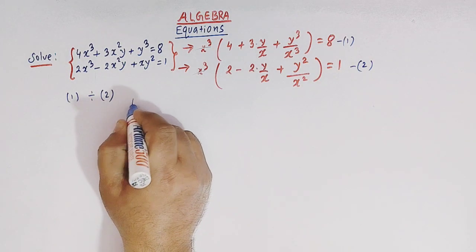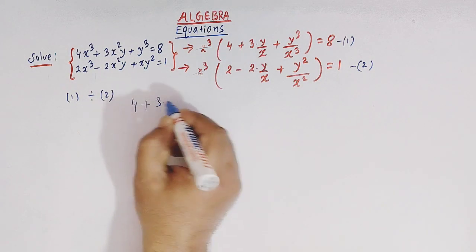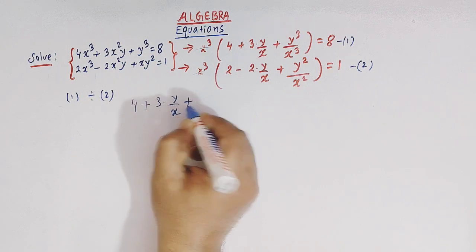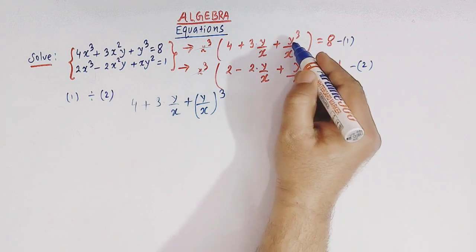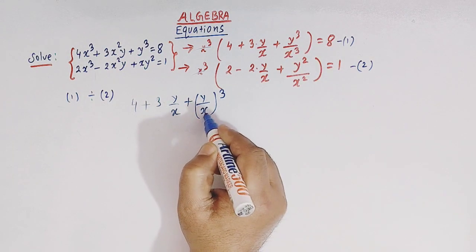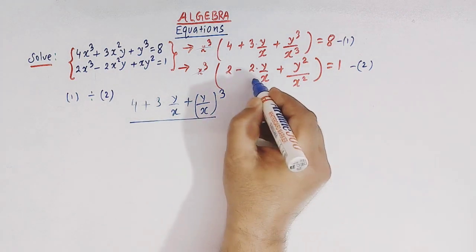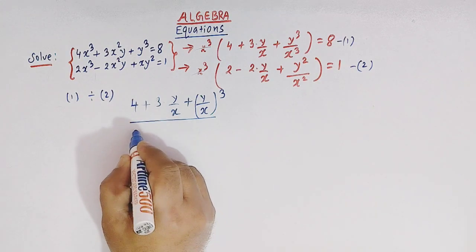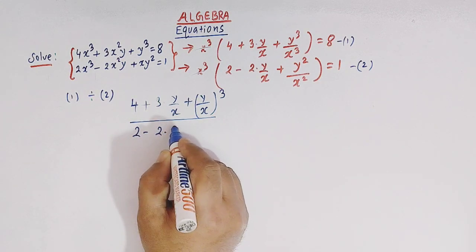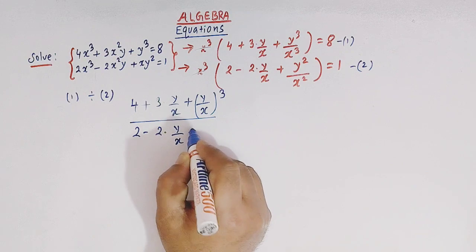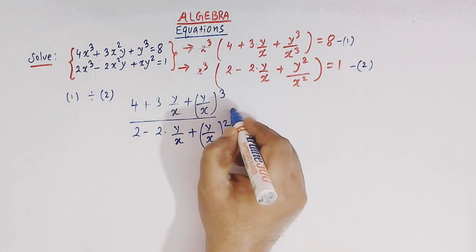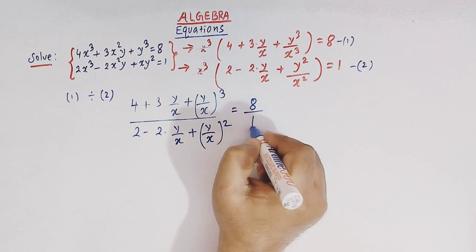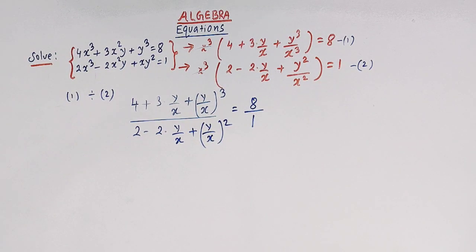And we are left with 4 plus 3 times y over x plus y over x whole cube, because this term can be written as y over x whole cube. And here we have 2 minus 2 times y over x plus y over x whole square, and here we have 8 divided by 1, right?